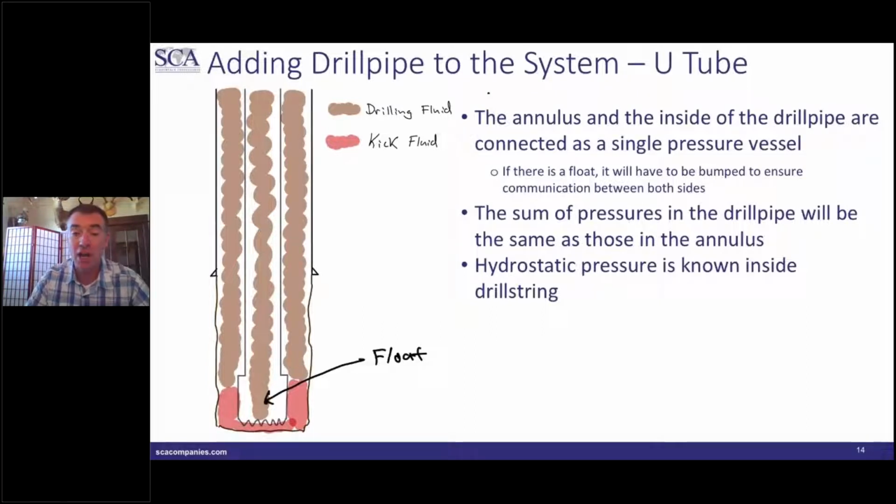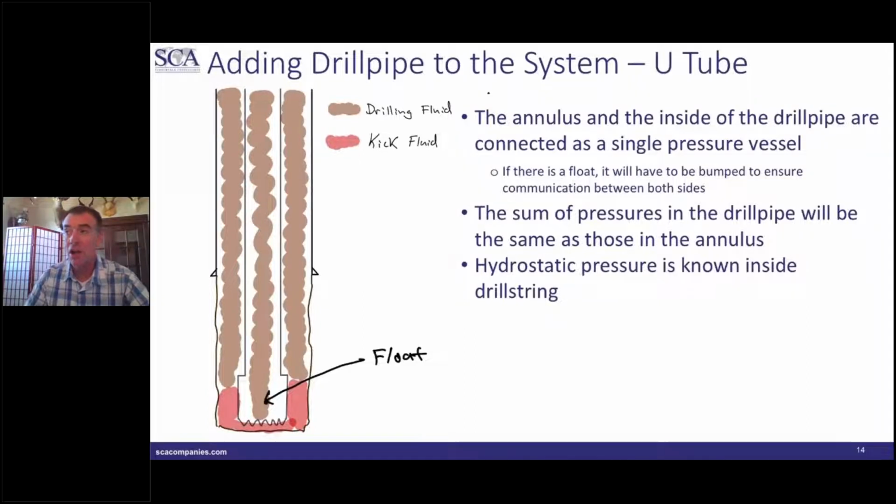Then when you shut your pumps off, you have a relatively incompressible fluid inside your drill pipe. And when you shut the pumps off, barring the pumps running backwards, fluid cannot come up inside that drill pipe because there's a set volume of fluid that's already there. So you end up with a pure column of drilling mud inside your drill pipe.